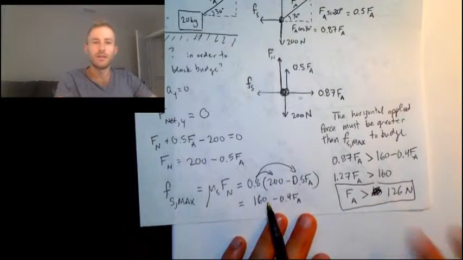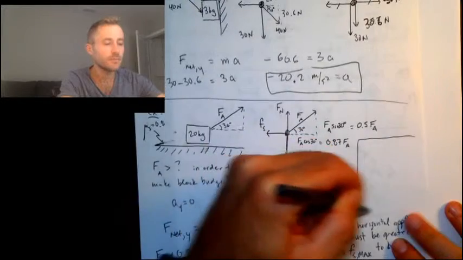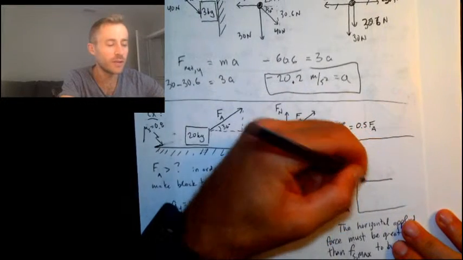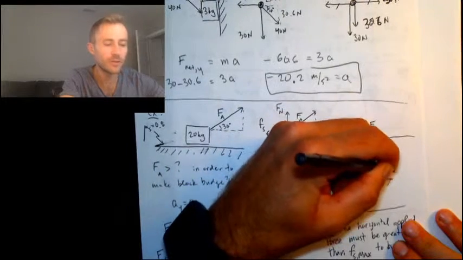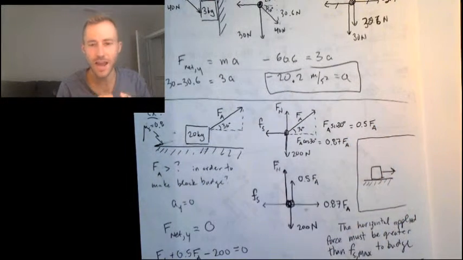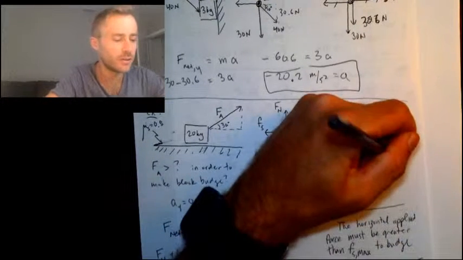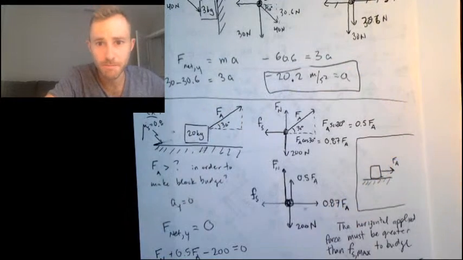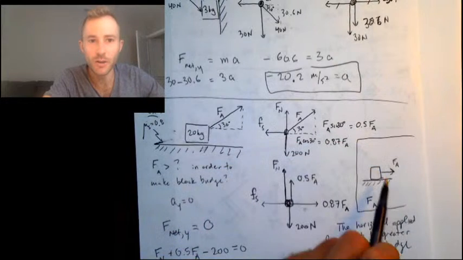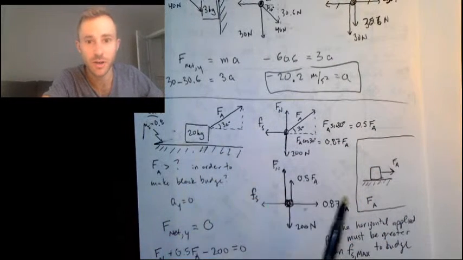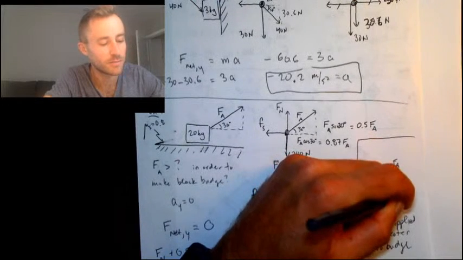Okay? Now, why is that interesting? Well, I'm going to do a little aside here. What if instead we had applied the force horizontally? What if this was F sub A? What if the force was not angled, but instead purely horizontal? If you did the problem this way, you would find that the applied force would have to be greater than 160 newtons.